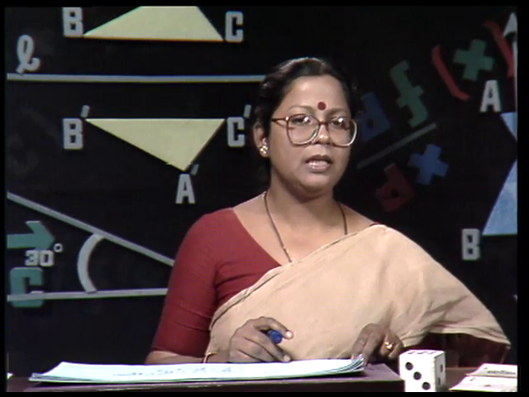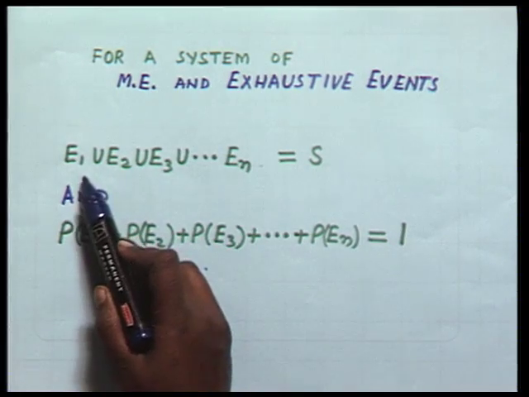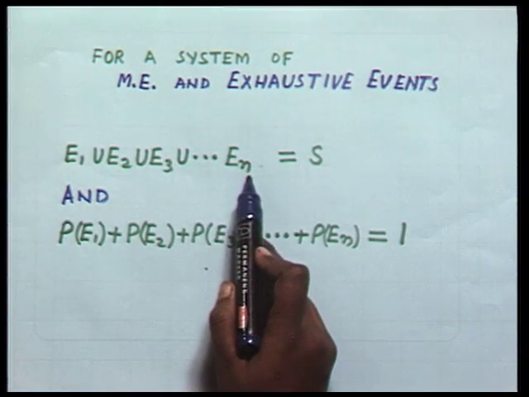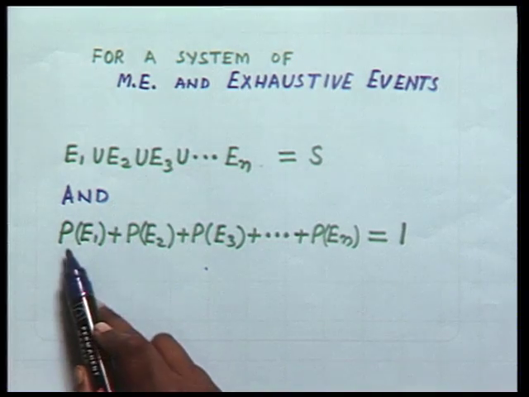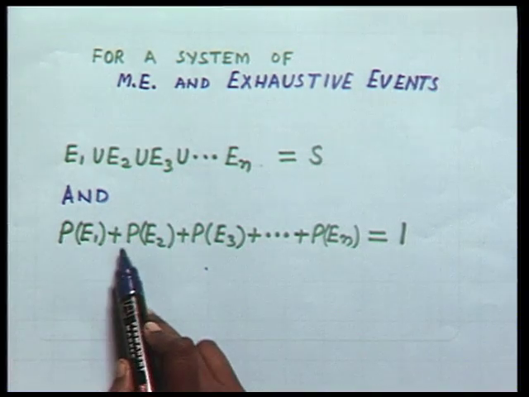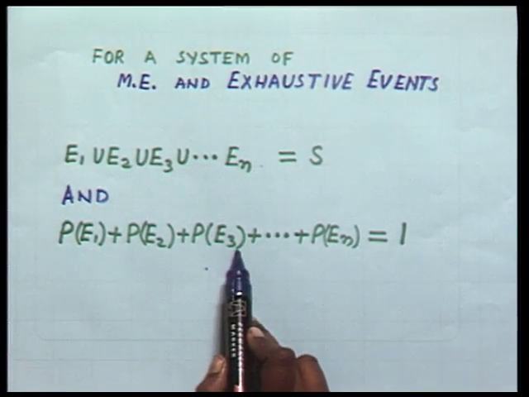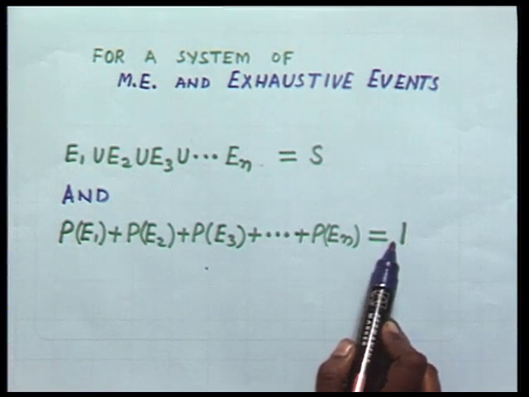In general, if E1, E2, E3, ..., En are a set of mutually exclusive and exhaustive events, then we have E1 union E2 union E3 ... union En is equal to the sample space and probability of E1 plus probability of E2 plus probability of E3 ... plus probability of En is equal to 1.